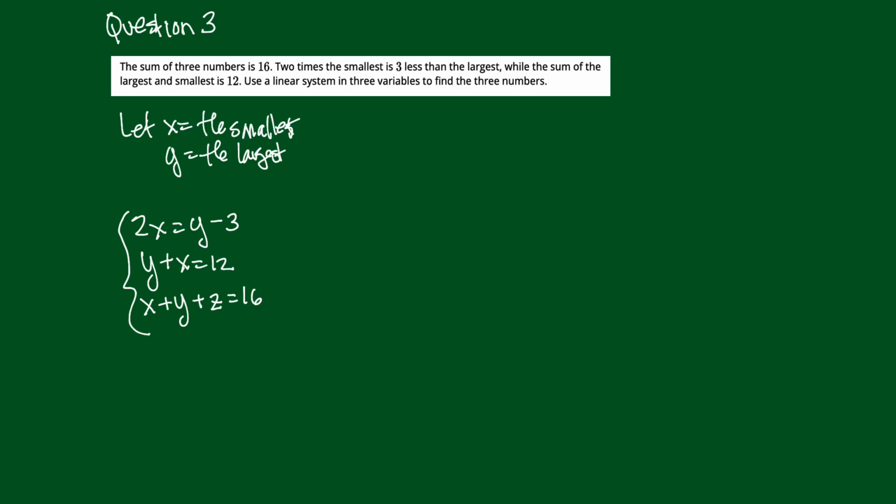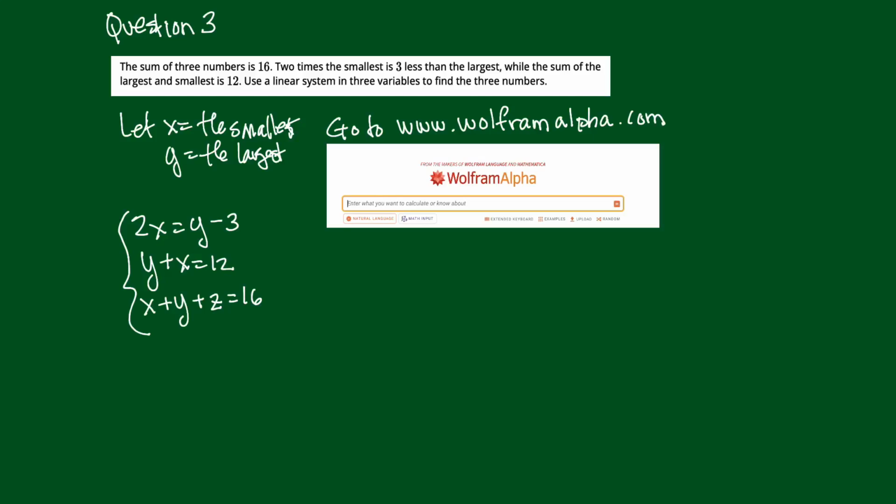There's our system. Now we could solve this by pencil, or realistically, why don't we let Wolfram Alpha do this for us? So go to www.wolframalpha.com. You get this. Here at Wolfram Alpha, I want you to enter what you want to calculate. So we're going to type in solve.